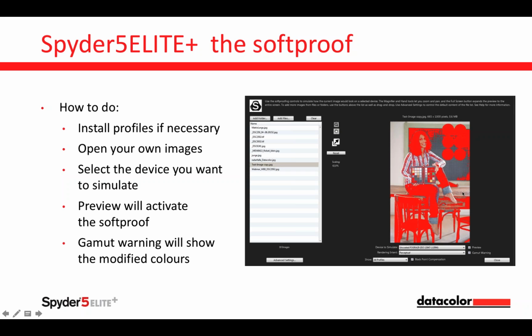It's much, much better. Then we can switch off the gamut warning again, and we can also deactivate the preview, and we see the original colors again.